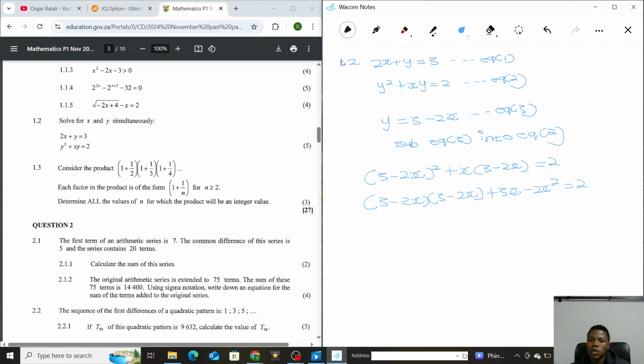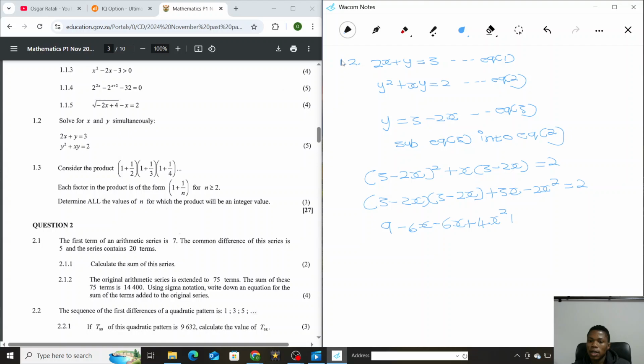Therefore, 3 times 3 is 9. 3 times minus 2x is minus 6x. Minus 2x times 3 is minus 6x. Minus 2x times minus 2x will be positive 4x squared, plus 3x minus 2x squared.